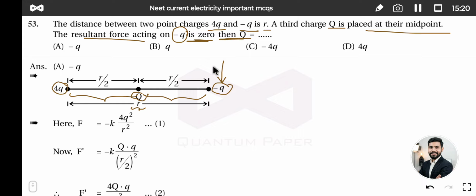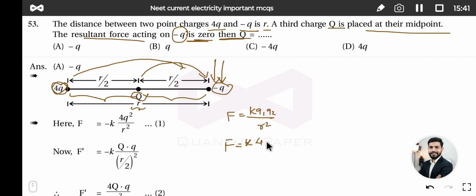So there are two forces on this minus q charge. One is a force due to plus Q charge and the other force is due to the 4q charge. So if you apply the formula of force, F is equal to K q1 q2 upon r square. So the force due to the 4q charge will be F is equal to K, q1 is 4q and q2 is nothing but this minus q, that is q square, q into q upon the distance from 4q to minus q, which is nothing but r, so r square.